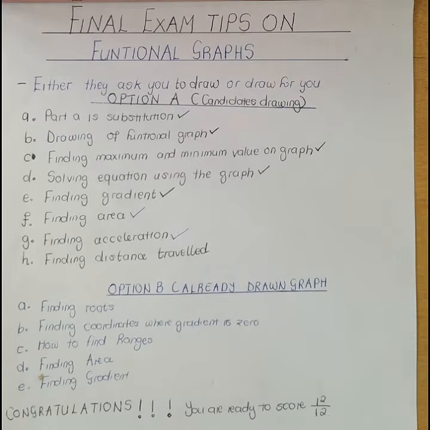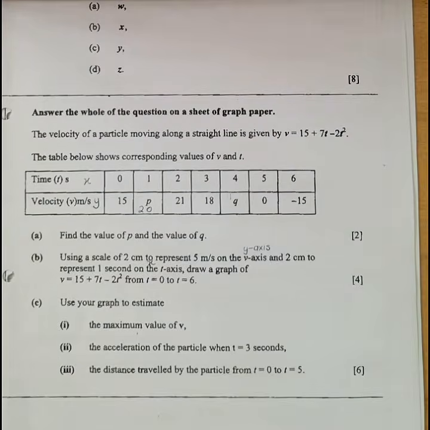In a velocity-time graph, the distance traveled is equal to the area under the graph. The same way that we calculated the area is the same way that we are going to calculate the distance traveled. We are going to demonstrate this concept using the question that was in June 2011.